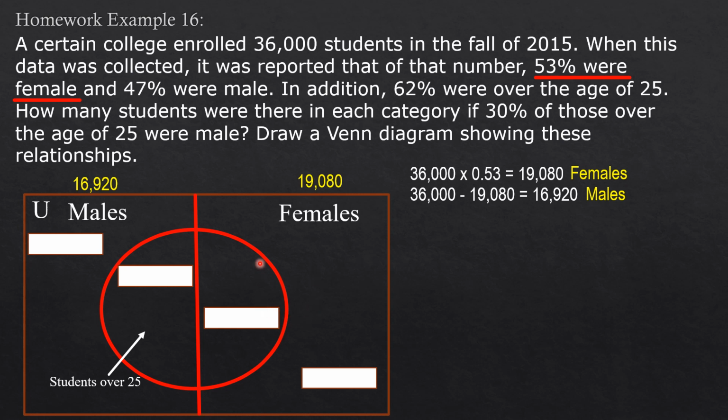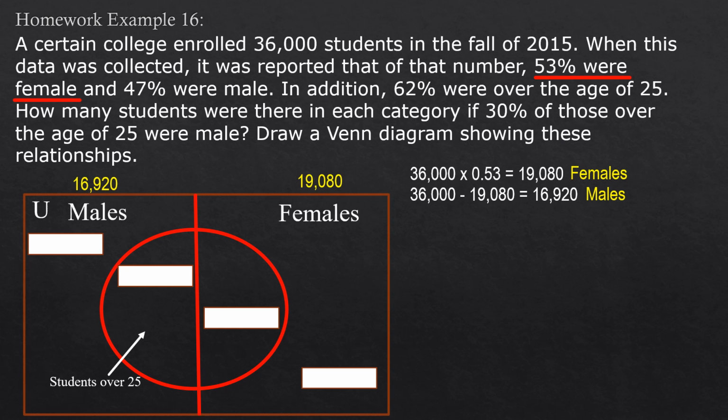The ones inside the circle are students over 25, and outside the circle are students under 25. So I didn't want to put this number anywhere inside this box because I don't know what part of this number goes where. Same thing over here with the males. So I just wanted the numbers to go where they were supposed to go. Okay, hopefully that makes sense.